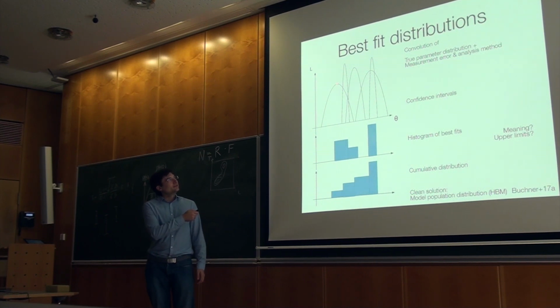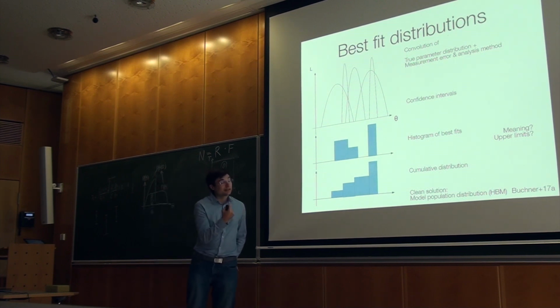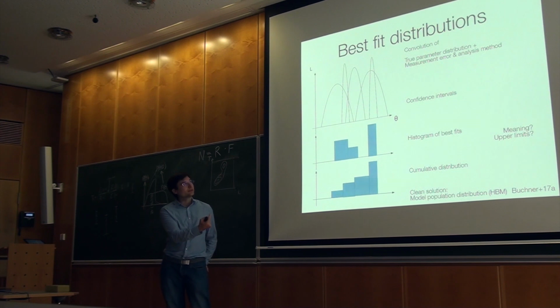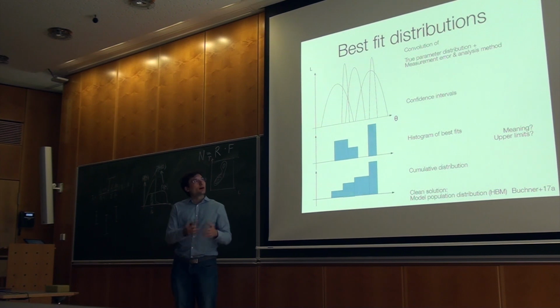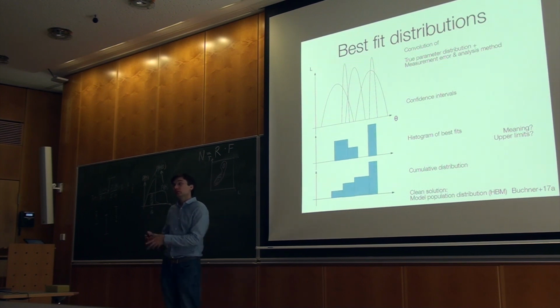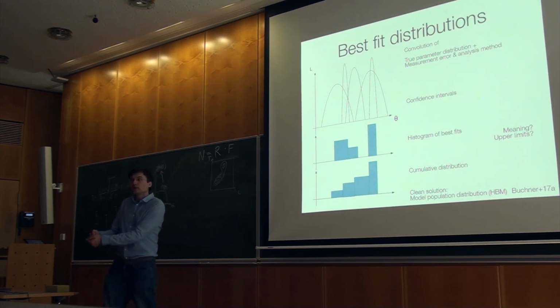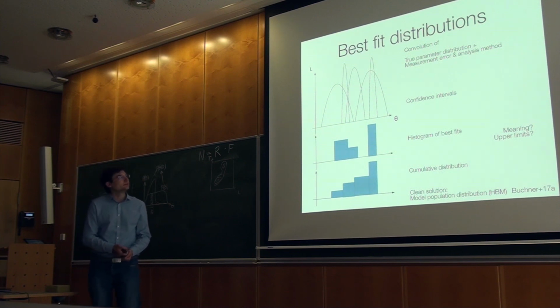Now, where your best fit lands depends on the data quality. You have basically a convolution of your true parameter distribution, how they are distributed out there in the universe, convolved with how well you were able to measure it, the quality of your data, and also your analysis procedure, which could be where your minimizer happens to land.